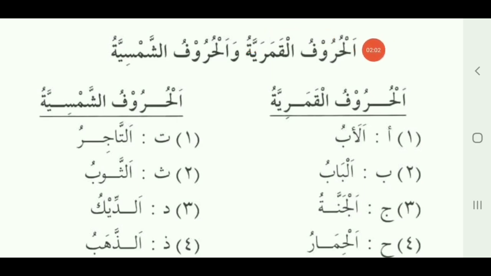What do we mean by qamariyya and shamsiyya? Huruf al-qamariyya simply means those letters that whenever they come after an alif and lam, the lam will be pronounced. Example, al-qamar.